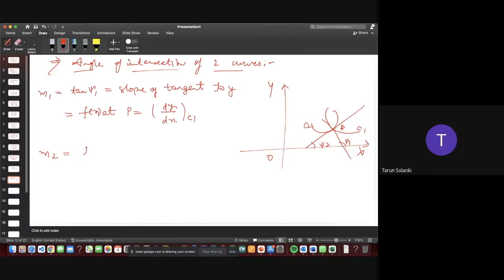Similarly, m2 equals tan psi 2 equals the slope of the tangent to y equals g(x) at P, which equals dy by dx at C2. Right? At C2. Got it or not?